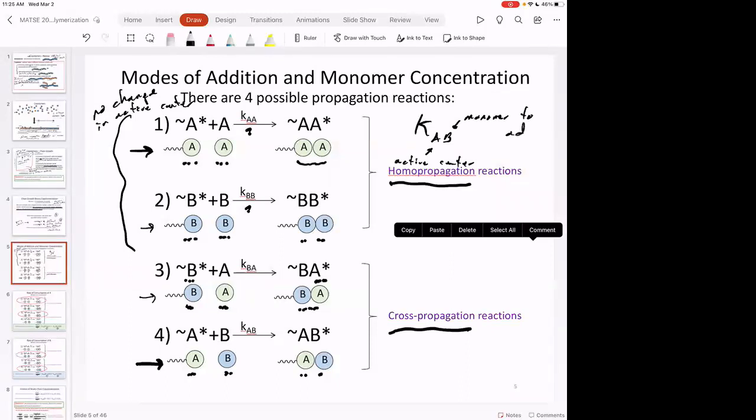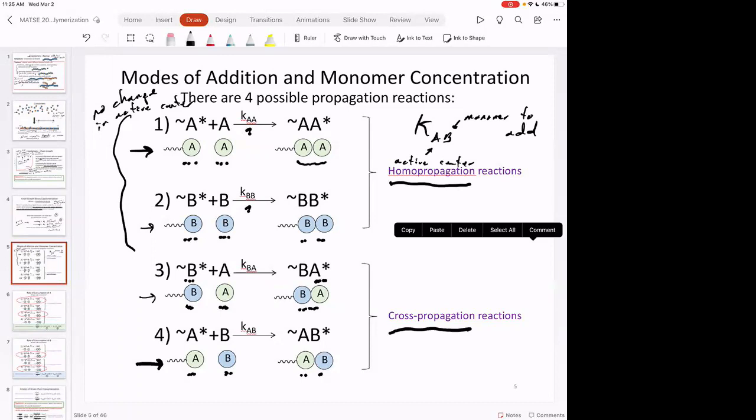So kAA is active center A adding an A monomer. kBB is active center B adding a B monomer. And same thing, kBA, B active center reacting with A monomer.